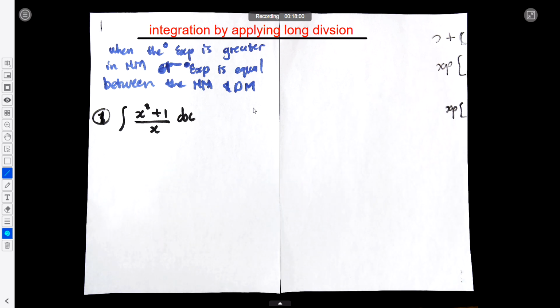So in this case, in applying long division, make the formula sheet your friend, because when you simplify your problem, it must resemble something in the formula sheet.